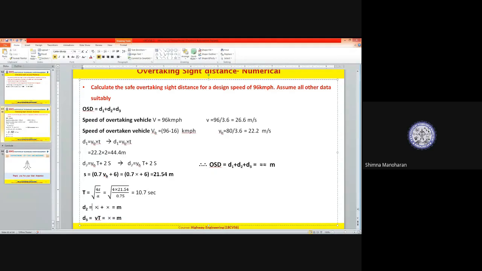Now from this, you please compute D2. Shrishti, compute D2. Yes, ma'am. D2 is VB into T plus 2S. VB we have already computed, VB is 22.2. Capital T is 10.7. Plus 2 into S, which is 21.5. So compute it.